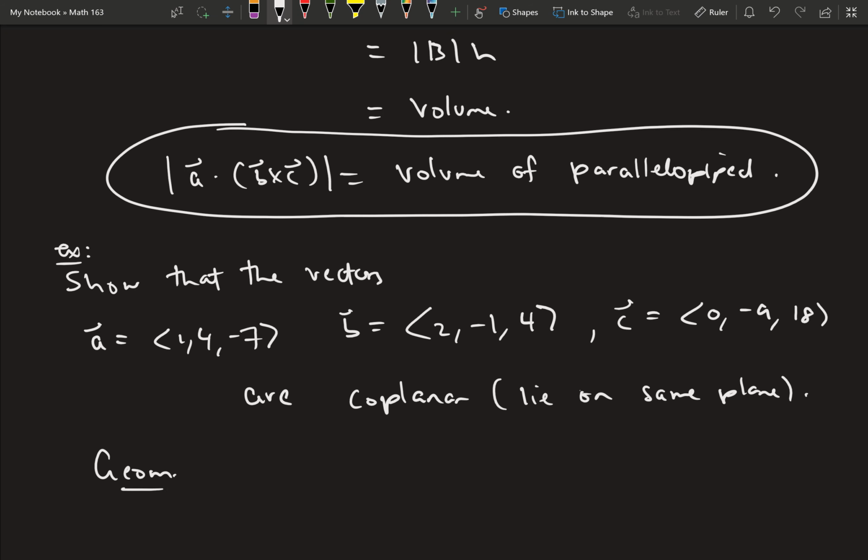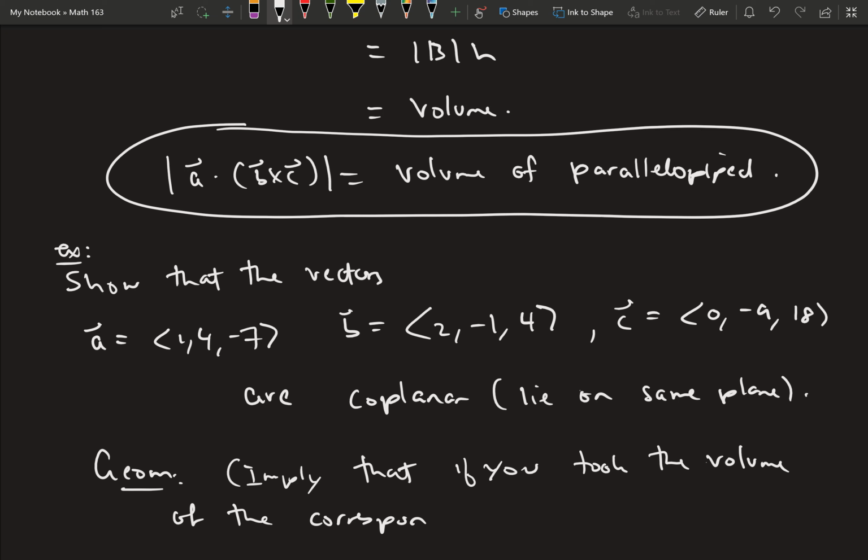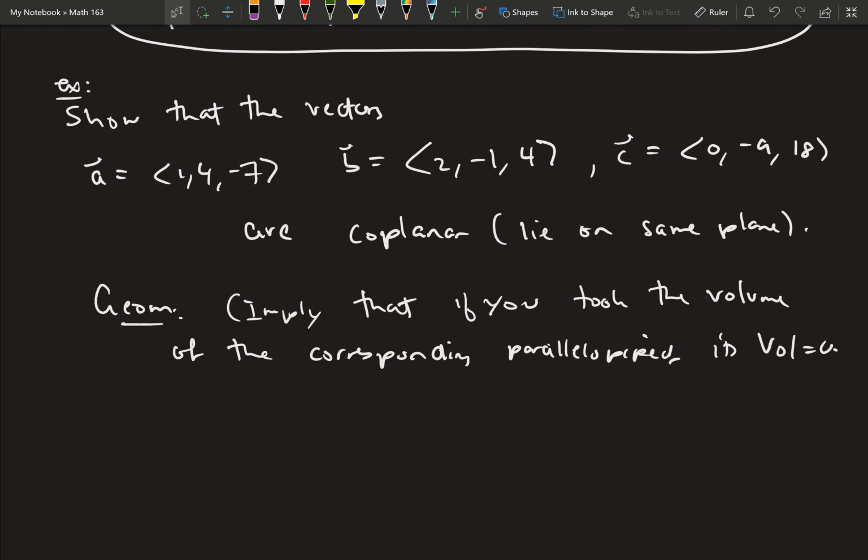Geometrically, it would imply that if you took the volume of the corresponding parallelepiped, its volume would be 0. Its volume would equal 0 because it would have no height.